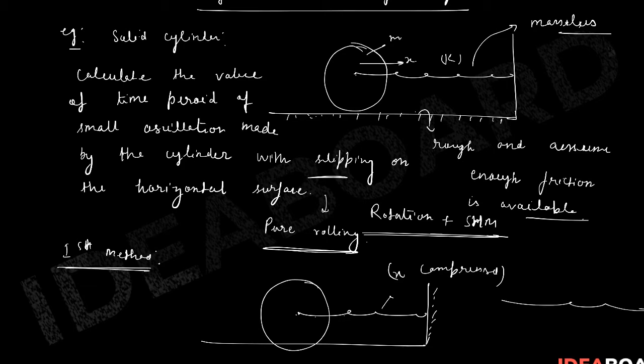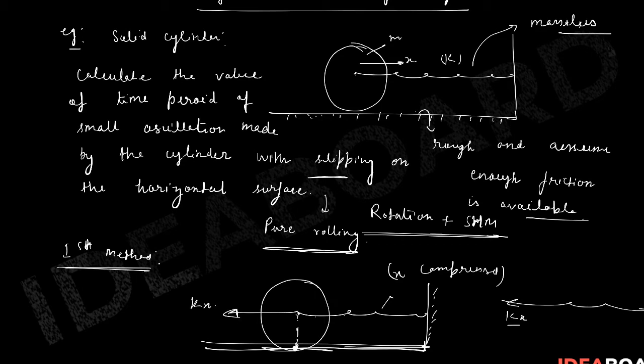If that is true, then if you see this sphere at center of mass, because if you see the FBD of this spring, this will try to restore, so it will have some kx force, right? So if you see, sphere will have some kx force like this, and because I said that bottommost point there is no slipping, right, on the horizontal floor, so this point will have no slipping. That means in order to provide that no slipping, because if there is the force, then of course I can understand there will be a torque about this point.